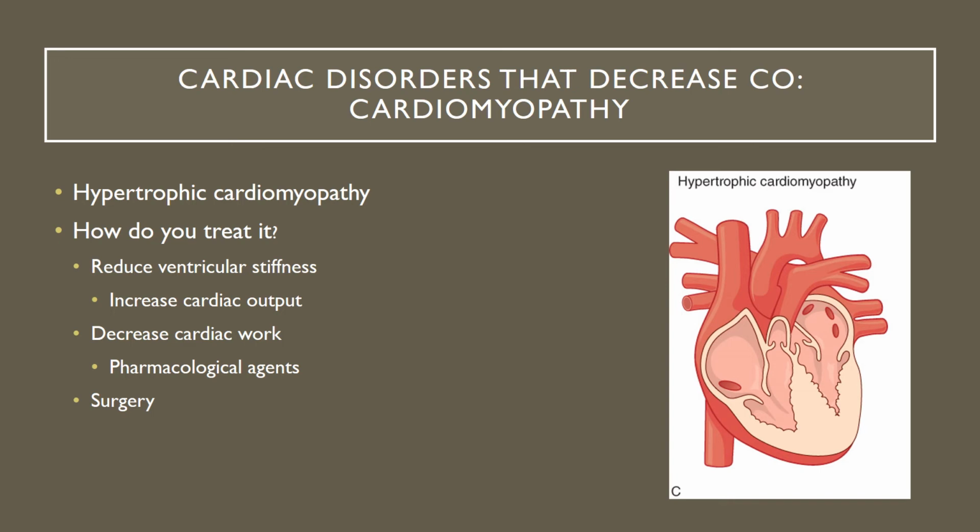And all this is in an effort to increase cardiac output, increase end diastolic volume. By surgical applications, I'm talking about actually removing some of the myocardium to reduce the thickness of the ventricular wall. This would improve stroke volume, this would improve cardiac output, and all the while increase end diastolic volume.